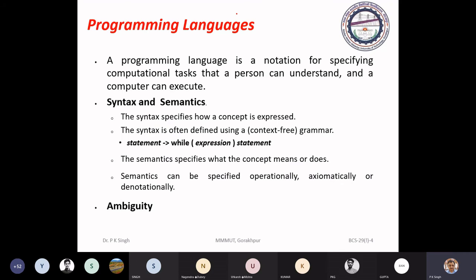If there is any ambiguity, it is due to the grammar of the language. And if there is any ambiguity in the sentence, then you are not able to translate it. It means your syntactic structure must be deterministic. Then only you can proceed to its translation. Okay.